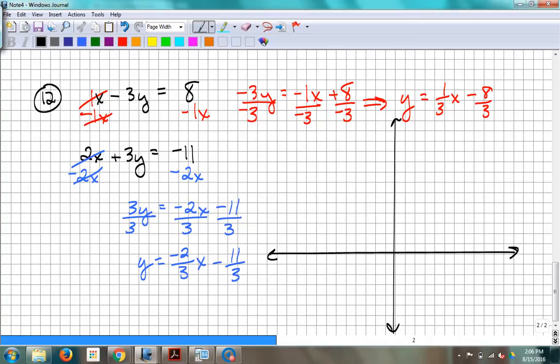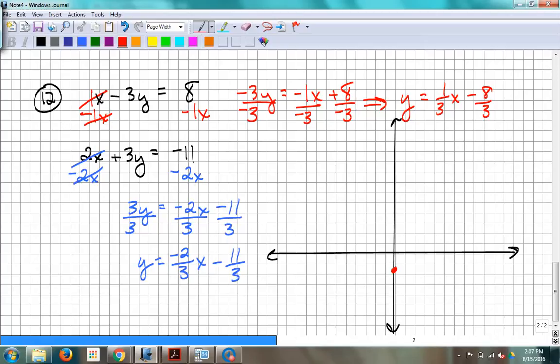Okay, so let's graph the red one, the 1/3 x minus 8 over 3. So negative 8 over 3 is what? Yeah, negative 2.6. That's what we want to think about when we go to graph that. So negative 2.6, so it's a little bit past halfway on the y-axis.